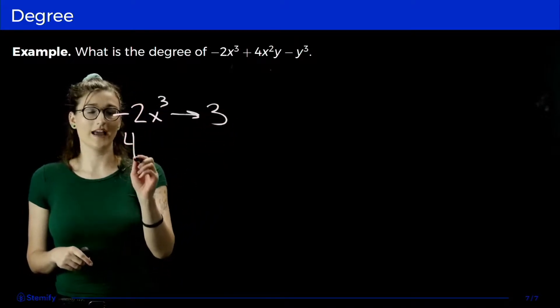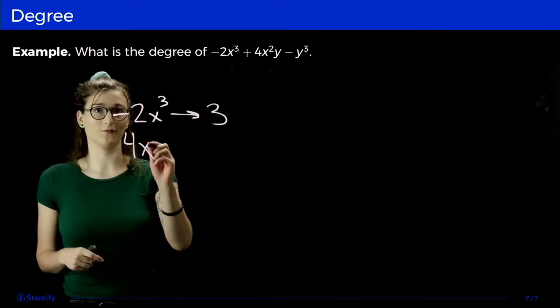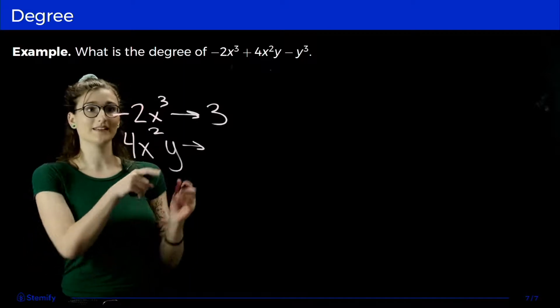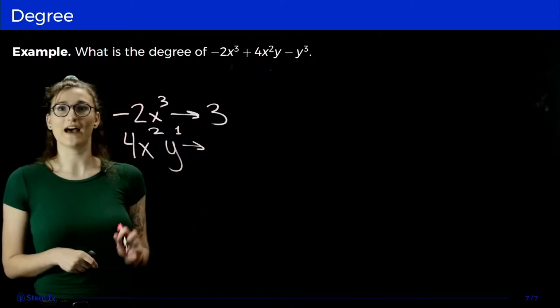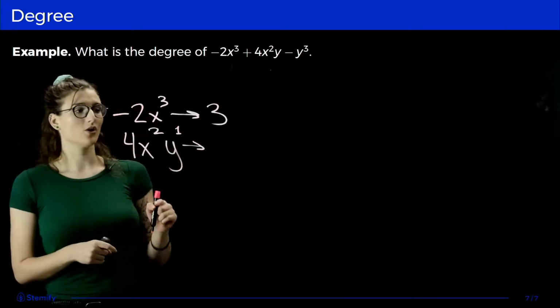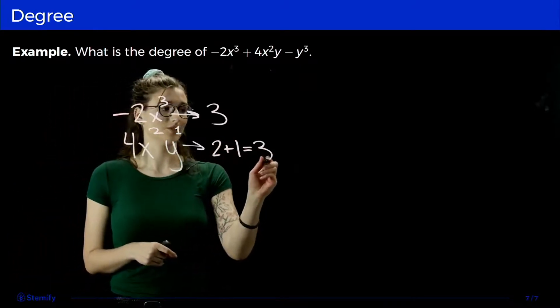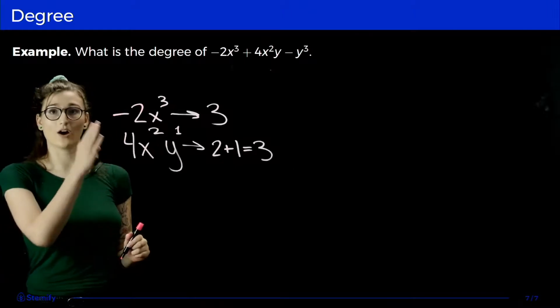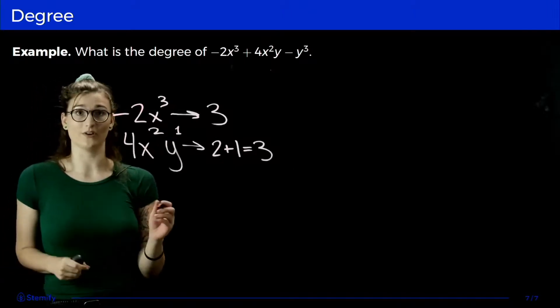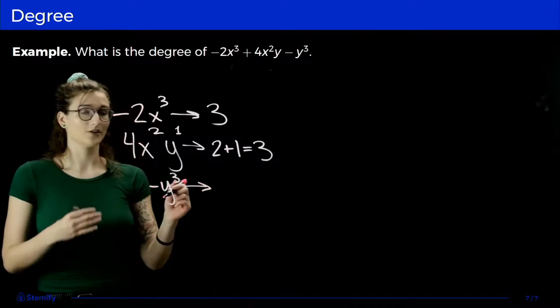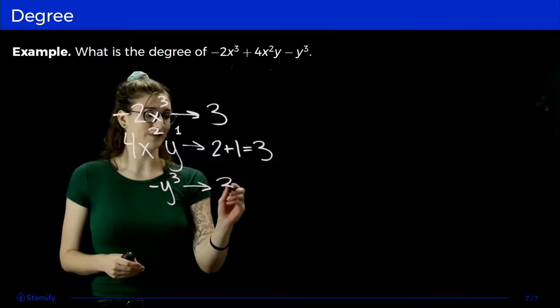Then our next monomial in this polynomial is 4x squared y. Now we can also write this as y to the 1 if that makes it a little bit clearer. So the degree of this is going to be 2 plus 1, which is equal to 3. And now on our last monomial there, we have negative y cubed. And the degree of this is once again going to be 3.